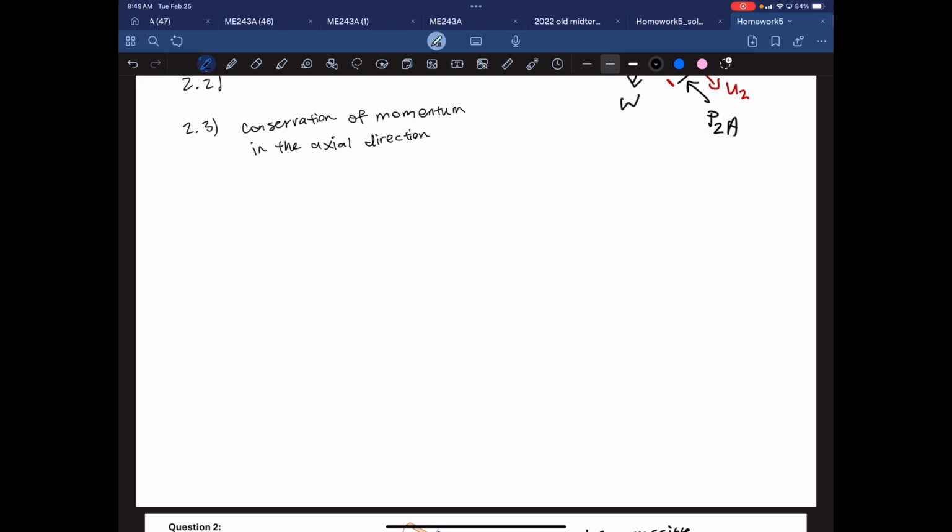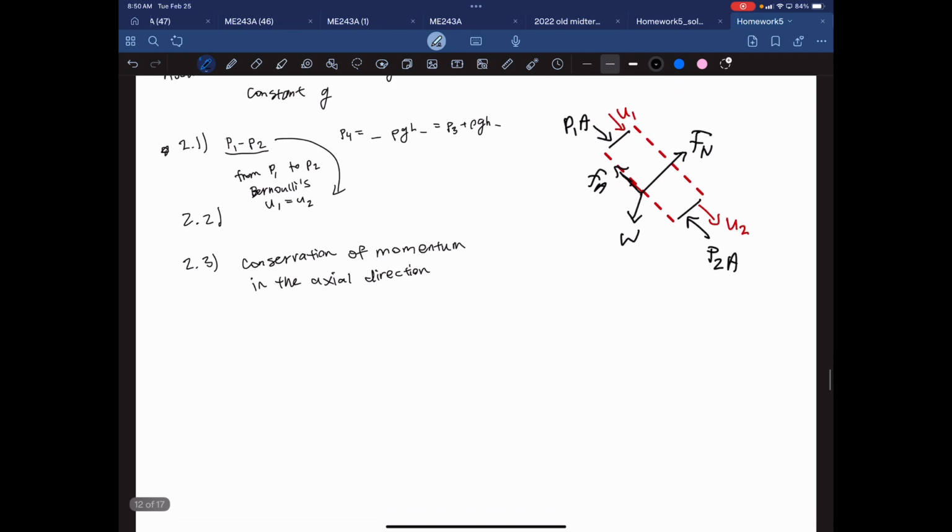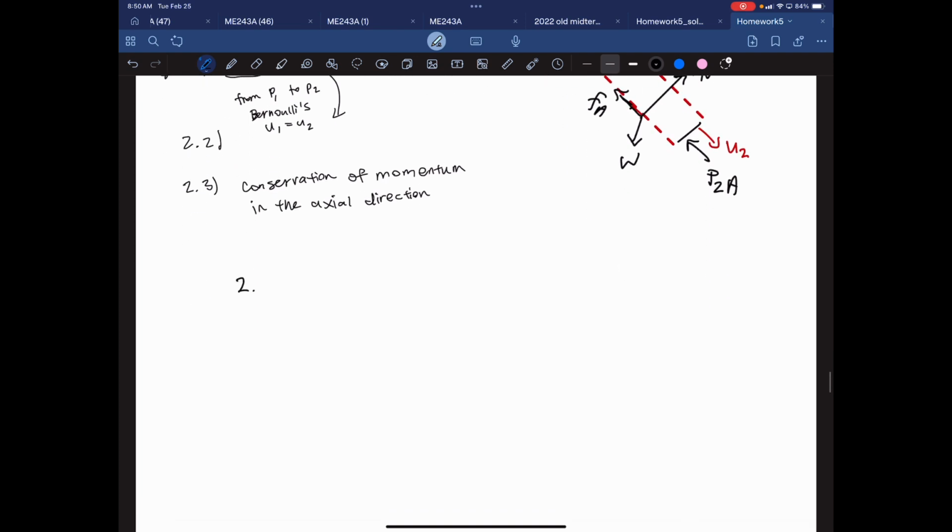Oh, I see. Because you're trying to find the force for 2.3, you'll be getting newtons, but it's already in that form, so you don't have to do too much rearranging. Let me rephrase this. So for 2.1, yes, it will be in pascals.